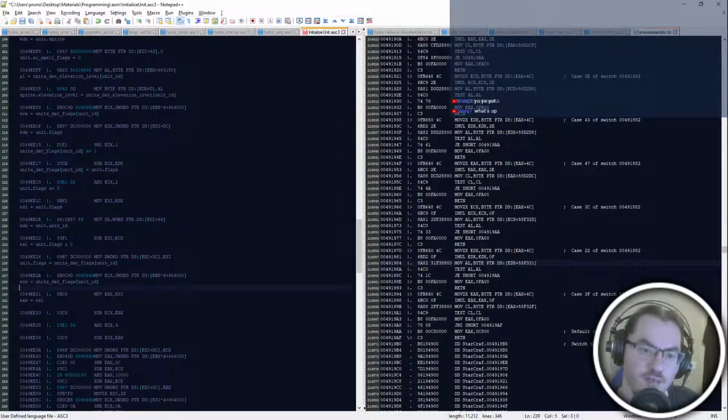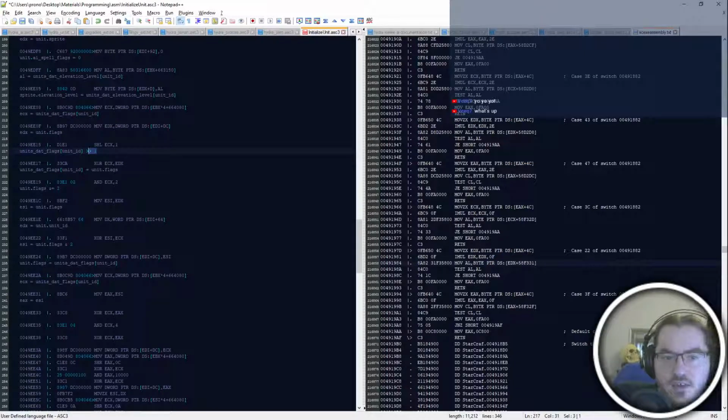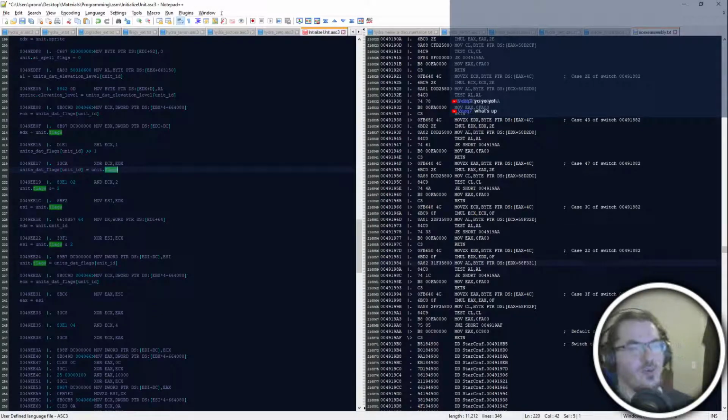Because we're dealing with unit stat flags of the unit ID being shifted left, and then you're XORing them together, which I don't actually know what happens when you XOR two registers. Let's see.